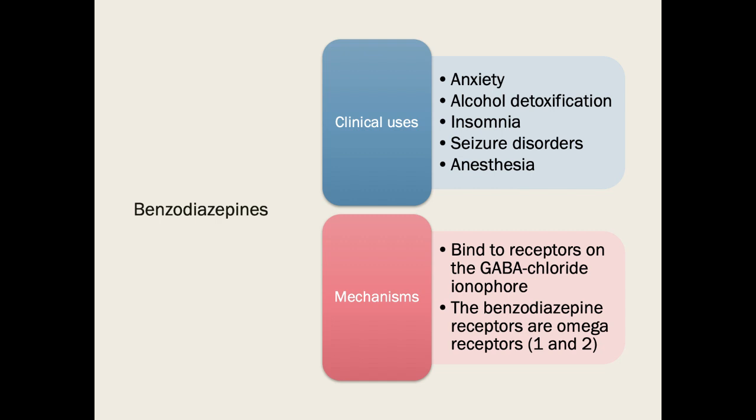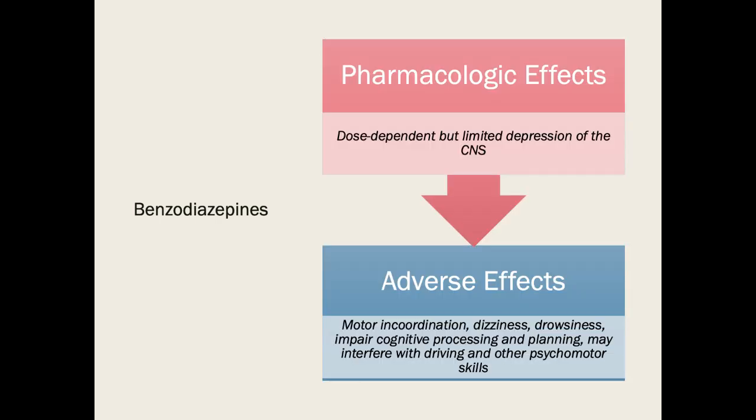So benzos bind to those GABA receptors, and when we bind to GABA receptors, we slow everything down and we get sedation. Benzos are on those omega receptors. Remember, benzos and barbiturates both bind to GABA receptors, just in different places. Our benzos are dose dependent. I can give you a little squirt or a big squirt and get different effects.